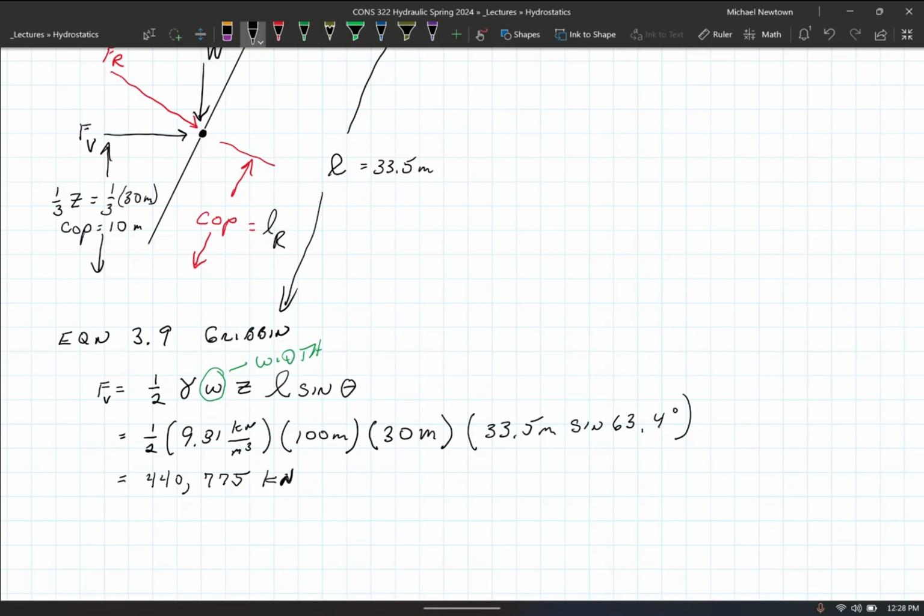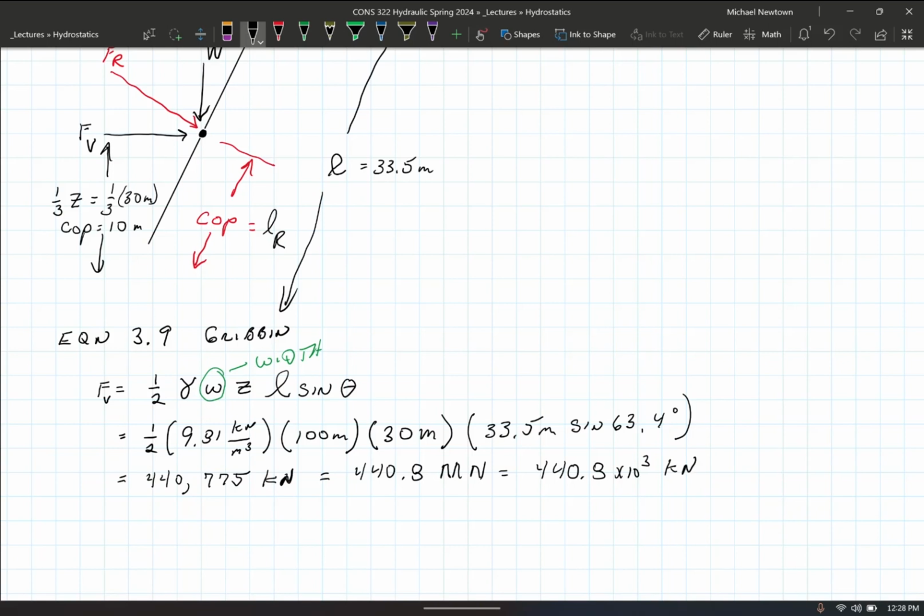Tell me water doesn't have a lot of force. Yeah. So we can make that a little easier if we want to change things. And we can do it a couple ways, but we can go 440.8 meganewtons. Okay. We could do 4.8 times 10 to the third kilonewtons.